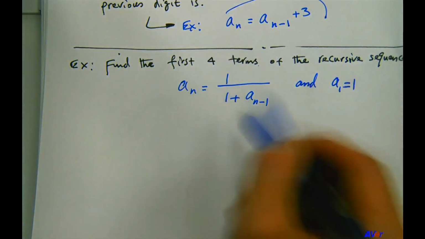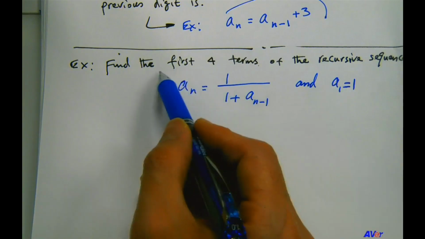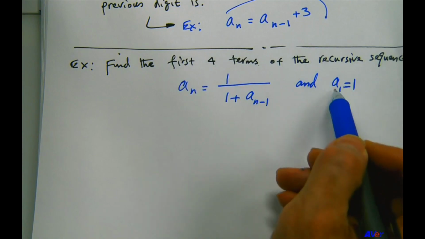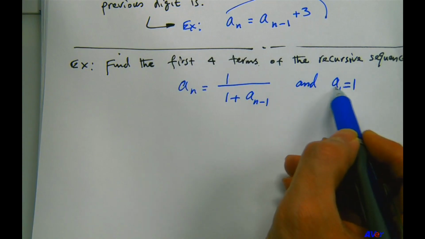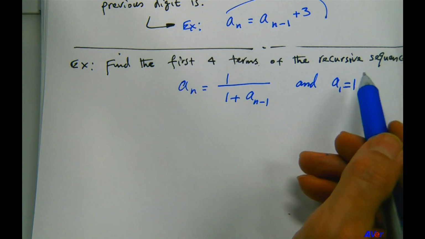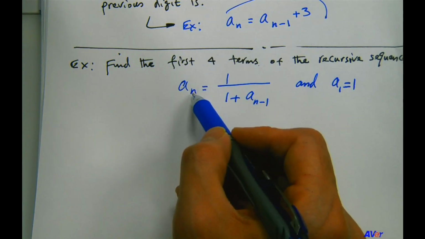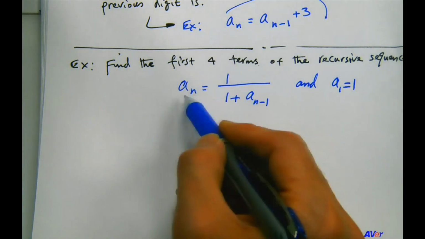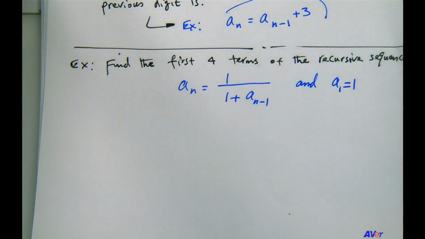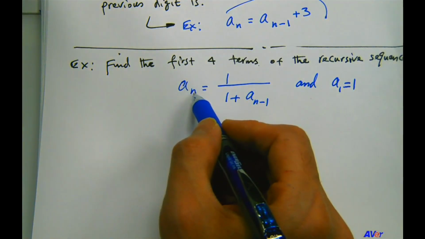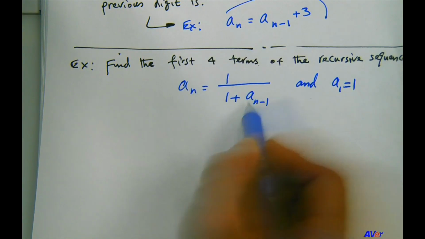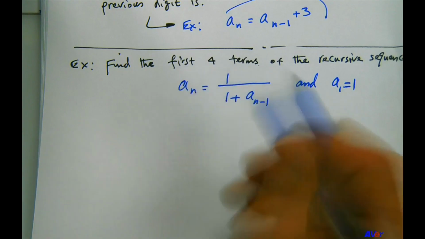So notice that when they're asking us for the first four terms, in recursive sequences they have to give us the first term. Otherwise, when I want to calculate the first term, I can't do it because it looks back at a term that doesn't exist, term 0. Or when you want to calculate the second term, you have to know the first term. And if it's not given, you're not going to be able to answer this question.